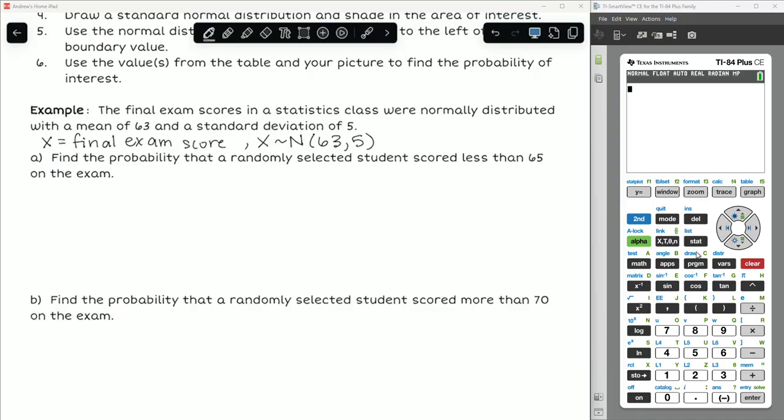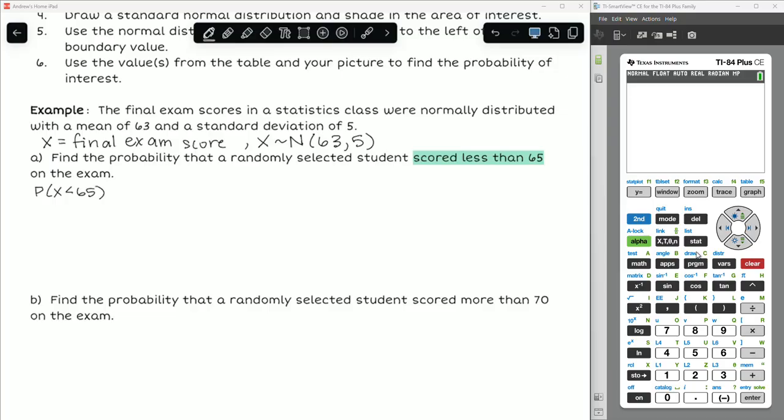The problem says find the probability that a randomly selected student scored less than 65 on the exam. Using probability notation, that's the probability that x is less than 65.